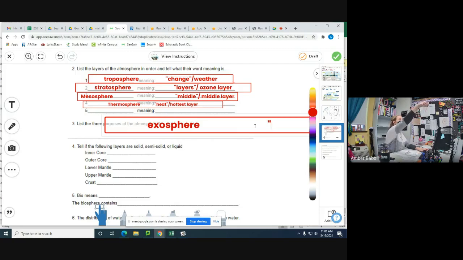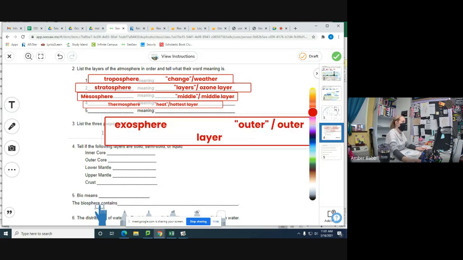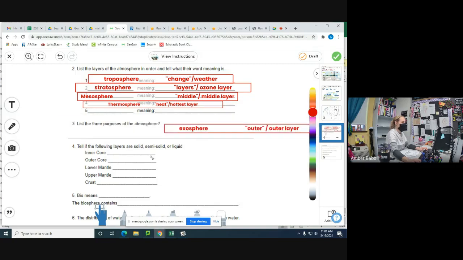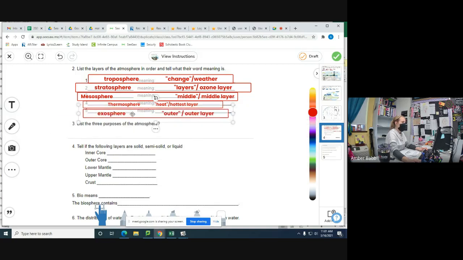Exoskeleton? Outer. Yeah, if you have an exoskeleton, your skeleton is on the outside of your body. Exo means outer, and this is the outer layer. All right, everybody. Okay, those are your 5 layers.